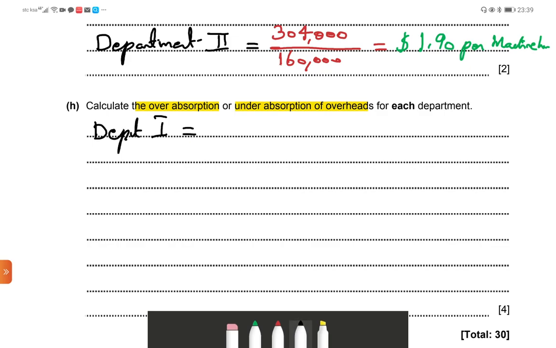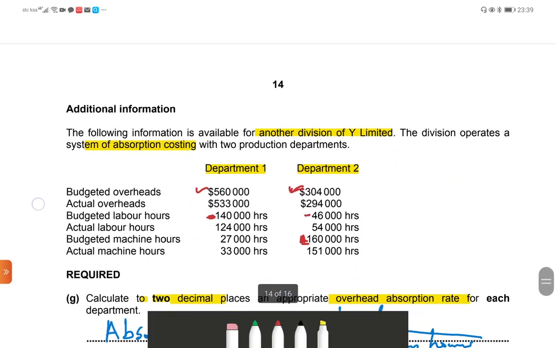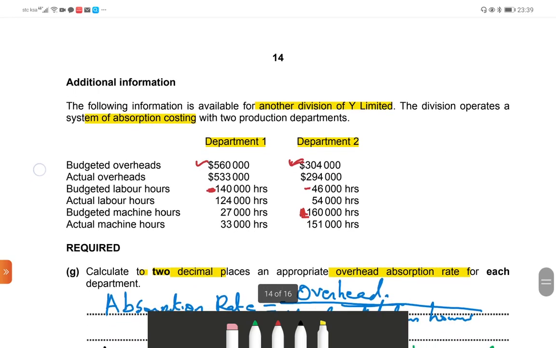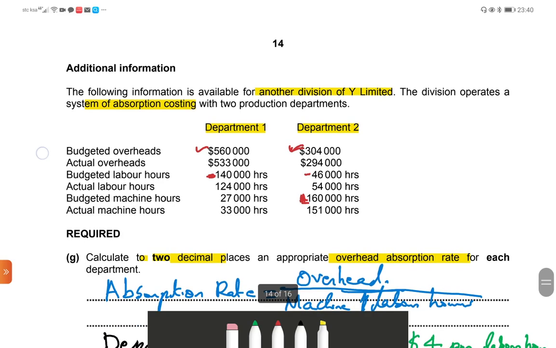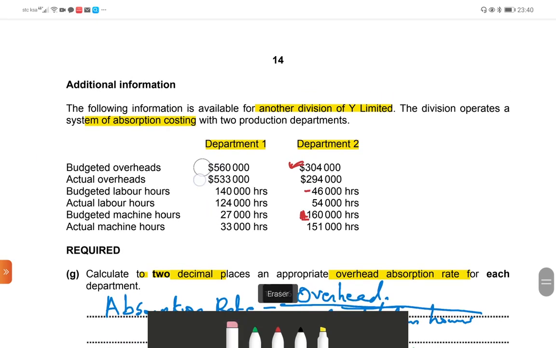Department 1: what was the budgeted machine hours? For department 1, we followed the labor hours, since they are more, right? Department 1 labor hours is more, while department 2 machine hours is more. The budgeted labor hour is 140,000, but the actual labor hour is 124,000.